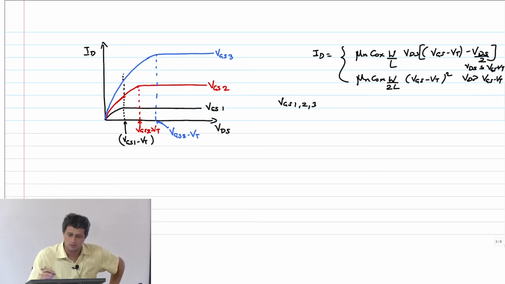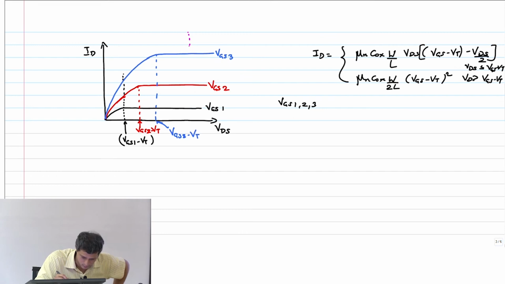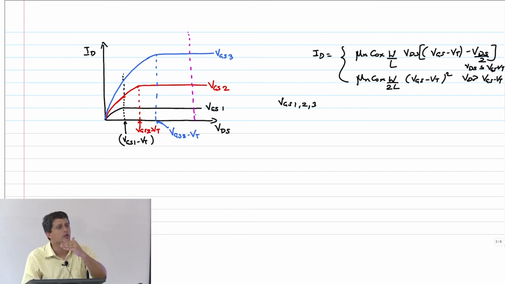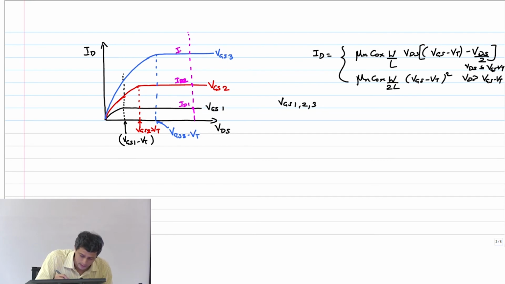Now the point to note is that if I fix a particular VDS in the saturation region, where all three transistors are now in saturation, let me consider this particular point here. What should be the relation of the currents ID1, ID2 and ID3? Let's say this guy is ID1, ID2 and this is ID3.